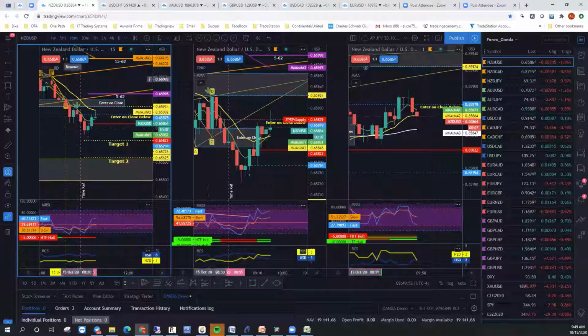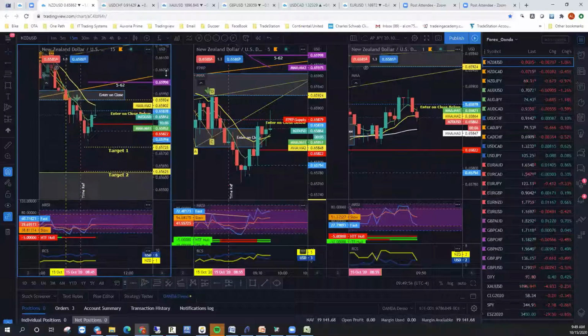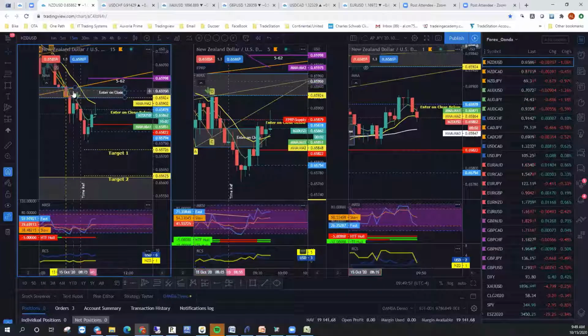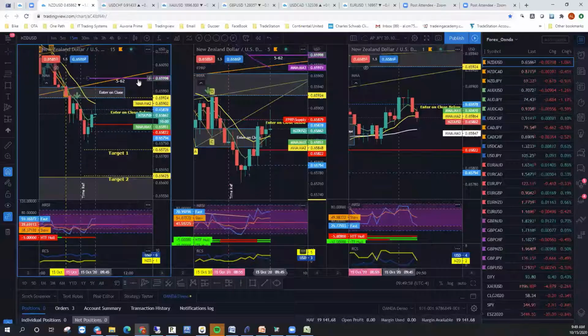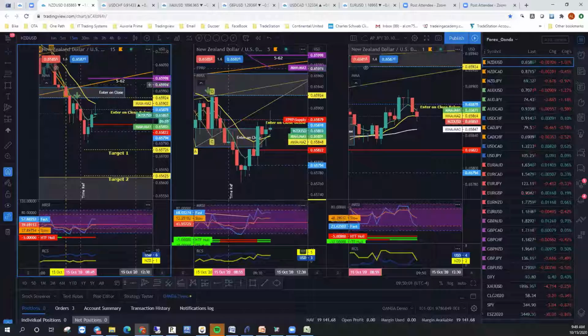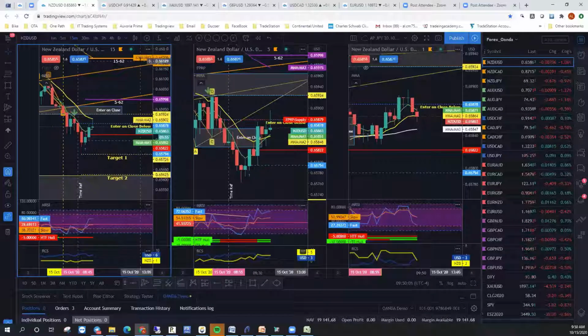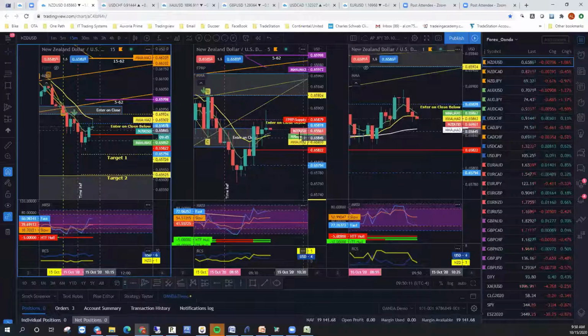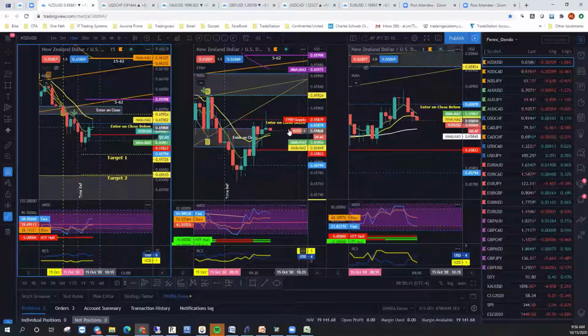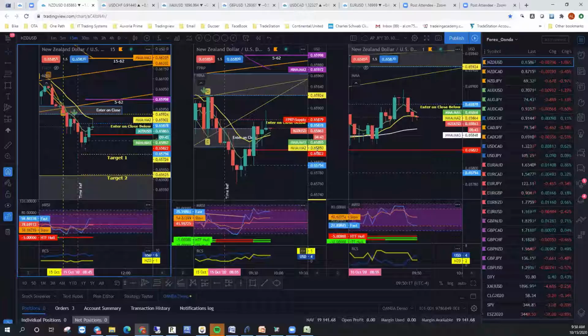And on the New Zealand trade, back to the New Zealand trade, where we had the break, it closed above. Right now all the moving averages on the 15-minute are in the correct direction. Here's the 62, 13, 5, 62. We're getting a little bit of a flip on this one, they're right on top of each other, so hopefully it will flip pretty soon.